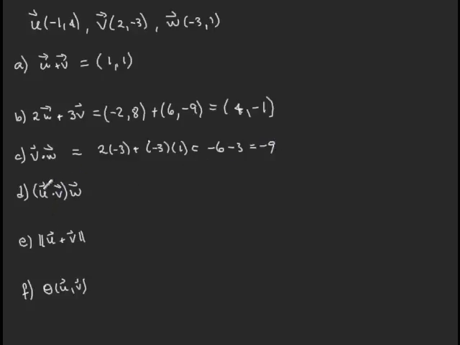In part D, you're doing the dot product of u and v first, and then that gives you a number, and then you take that number and you multiply it to the components of w. So what does this look like?